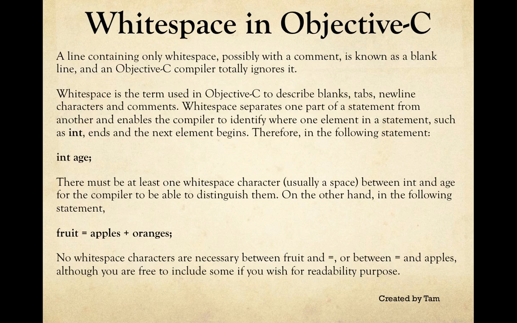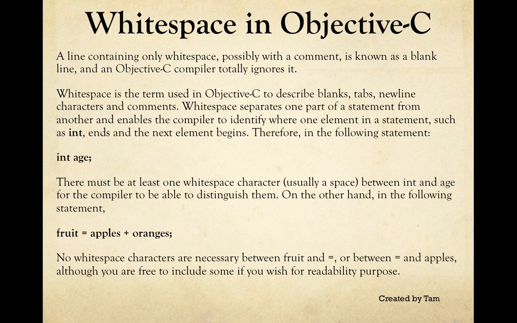Therefore, in the following statement, int space age, the space here is separating the int from the age. There must be at least one white space character, usually a space, between int and age for the compiler to be able to distinguish them.